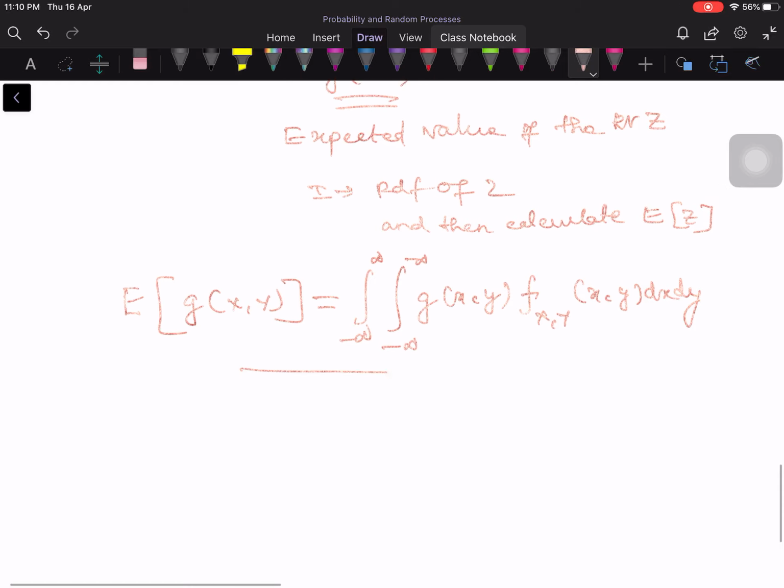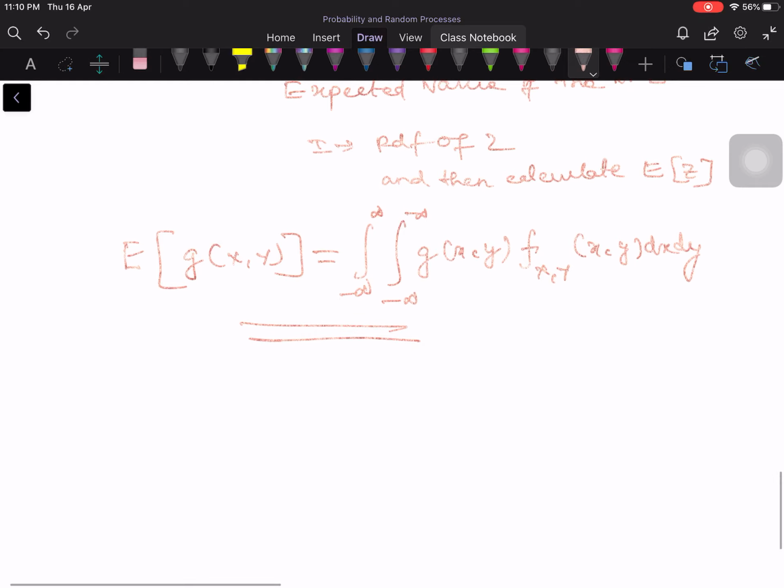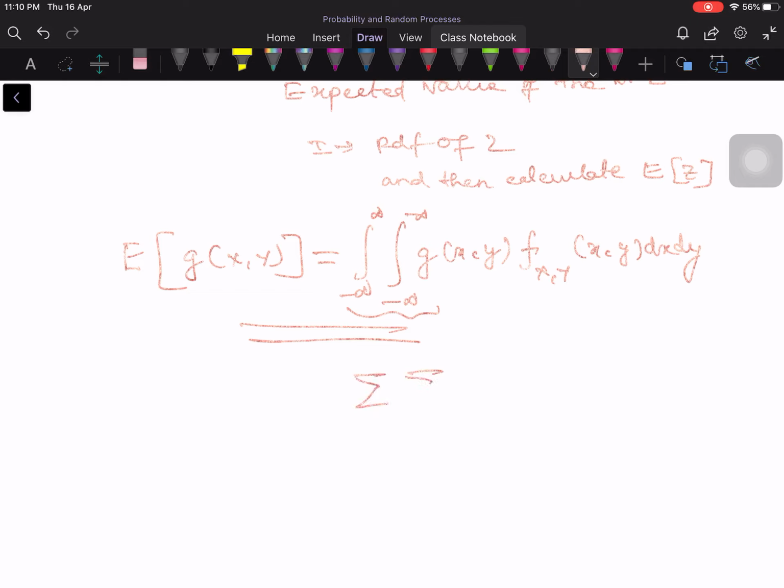This formula is identical to the one we had for the discrete case. In the discrete case we had a double sum instead of double integration, and instead of the density function, we had the joint PMF p_{X,Y}(x, y), with the same function g(x, y).